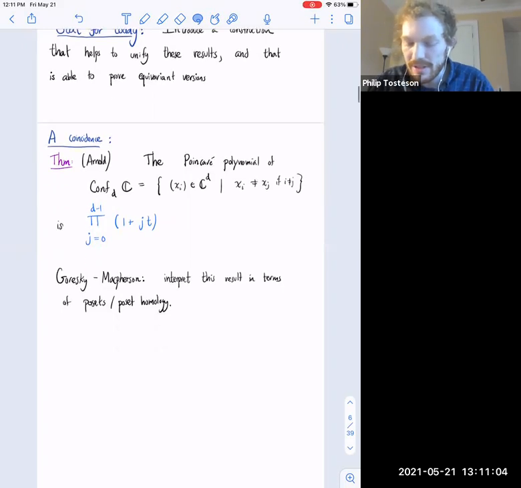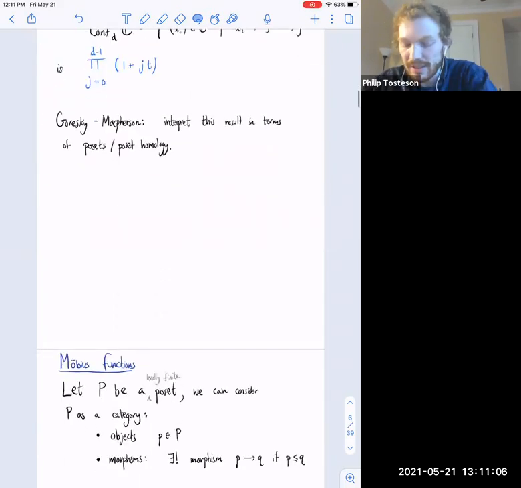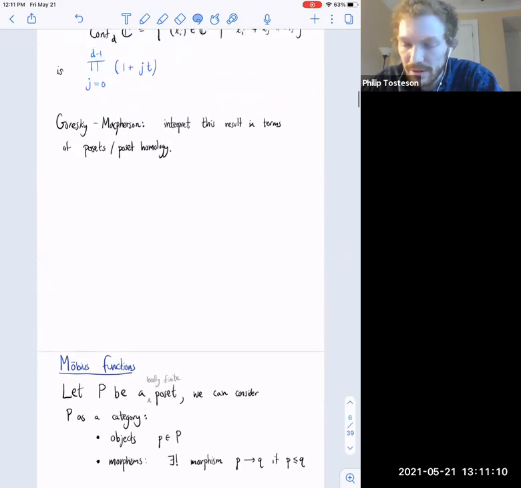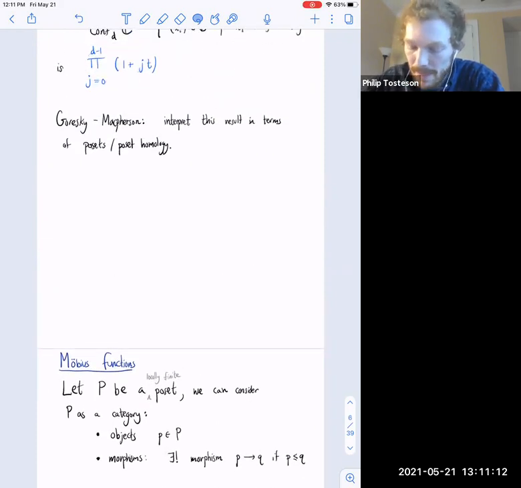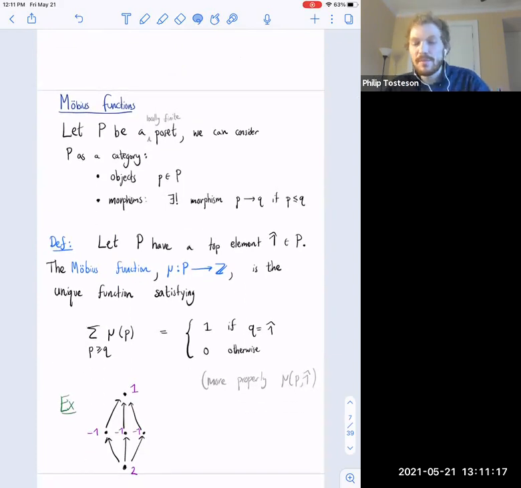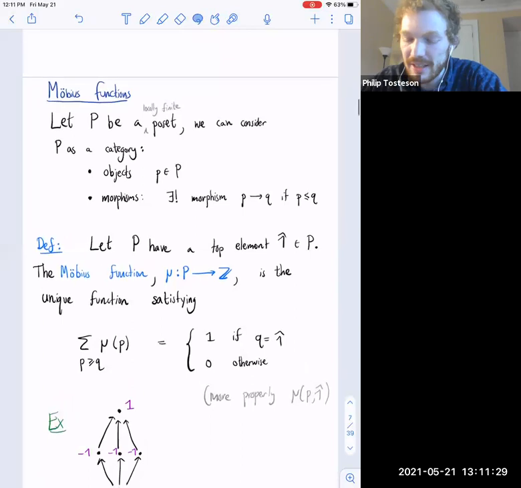So it turns out that posets are what's secretly governing these denominators, and also this Poincare polynomial. Okay, so what is a poset? I'm not going to say the formal definition of a poset, but a poset for us, we can think of as a special type of category.